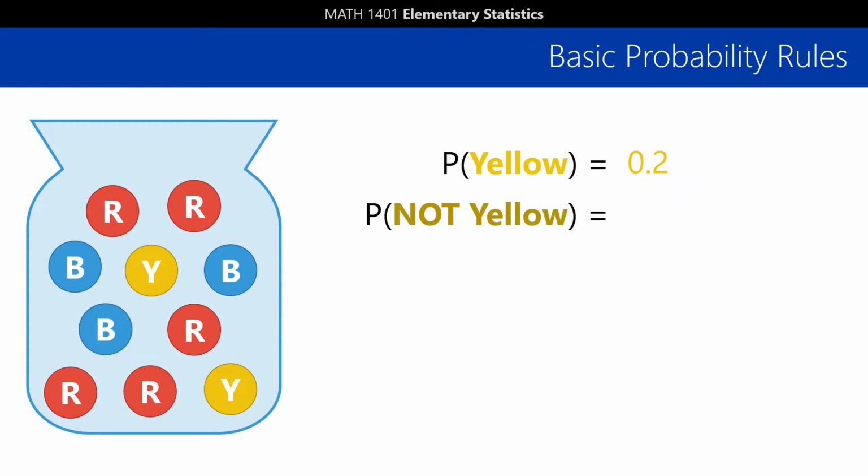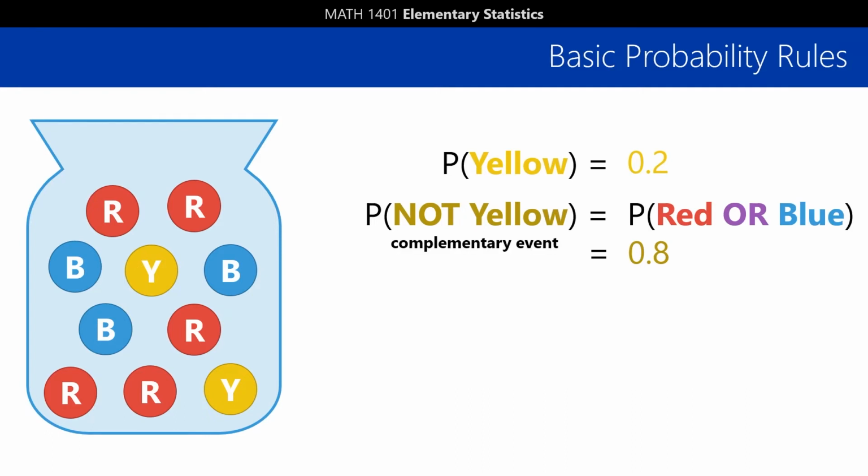So what we need is the probability that a gumball is red or blue. We just got done calculating that. It's 0.8. But now notice something else. The probability that a gumball is yellow plus the probability that the gumball isn't yellow adds up to 1, or 100%. That's not a coincidence.